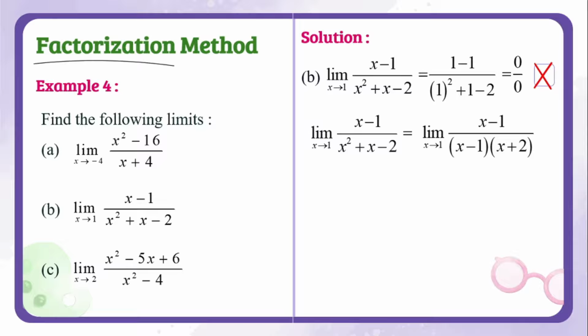We can see here, the numerator has x minus 1 and the denominator also has x minus 1. So, we can cancel x minus 1 on the top and bottom and get the limit of 1 over x plus 2 as x approaches 1. Next, we substitute 1 into x and have 1 over 1 plus 2, and the limit value is 1 over 3.